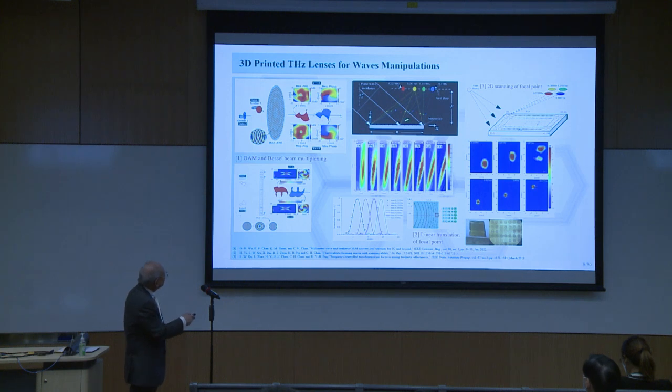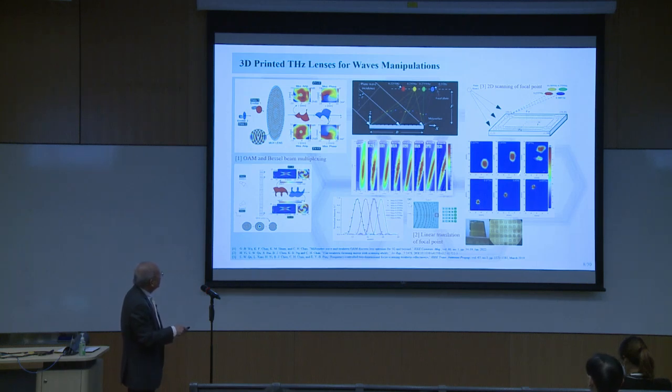Now this one, you can see that the reflector is such that when the beam comes in, it will focus the energy at the focal point. When we change the frequency, we can have a linear translation of the focal point, whereas this reflector will provide two-dimensional changing of the focusing beam.